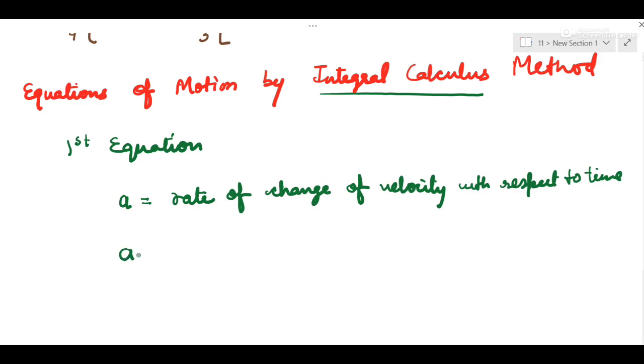So acceleration is the rate of change of v, written as dv by dt, with respect to time t.